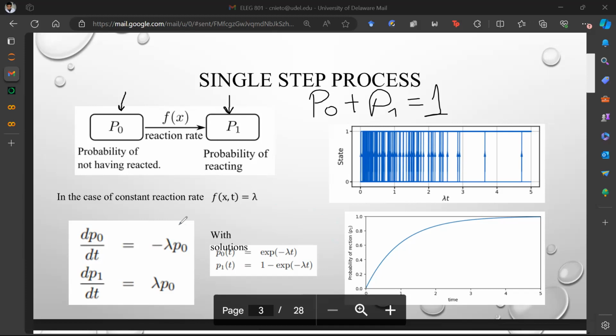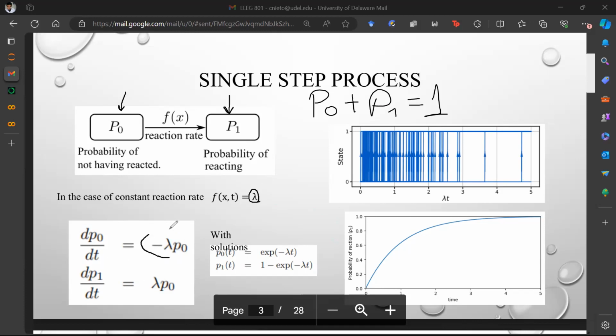So we take our flux of probability and multiply it by the probability of being in this state, and it's negative because it's going out. Later with more experience, you're going to understand this better, but the idea is this one.